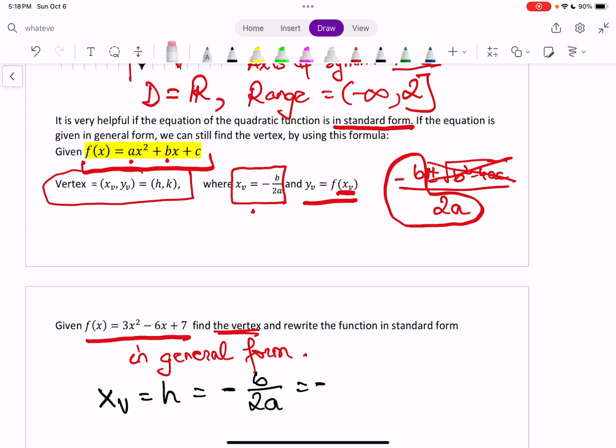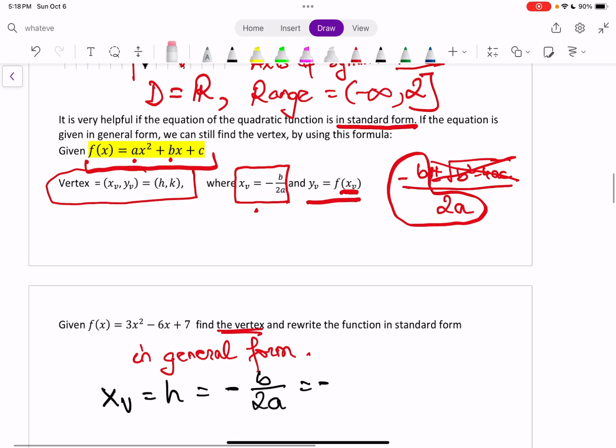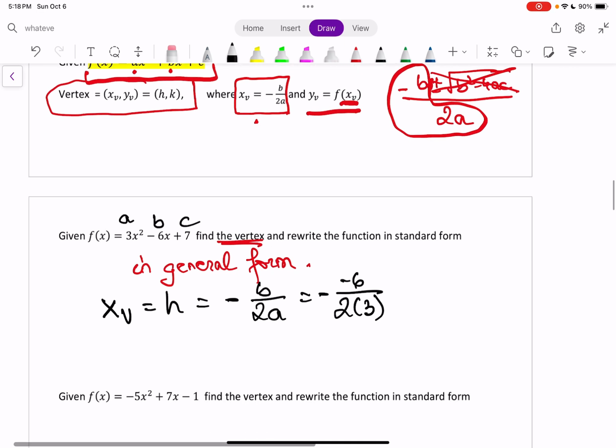And for us, b is negative 6, a is 3. Again, the minus is part of the formula, b itself is a negative, and then over 2a. So minus minus is a plus. 6 divided by 6 is 1. So the x-coordinate of the vertex is 1.